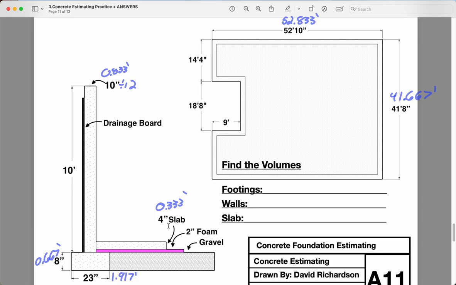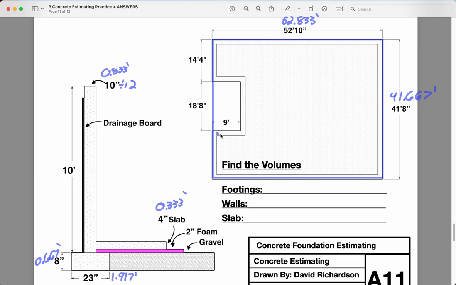So if we look here, there's this bump out. The trick with this one is that if you look, that's the overall shape. It doesn't change the overall length because of this. The one thing we do have to consider is that because it does bump in, it's not just a straight rectangle.